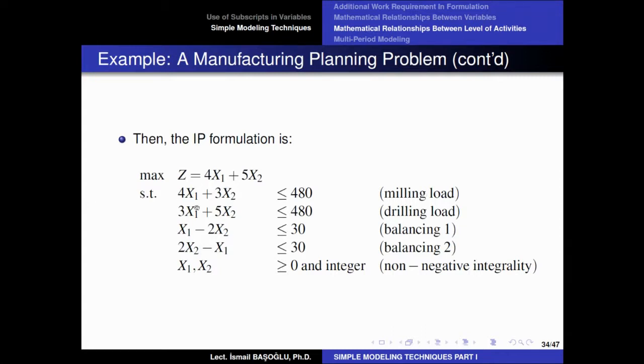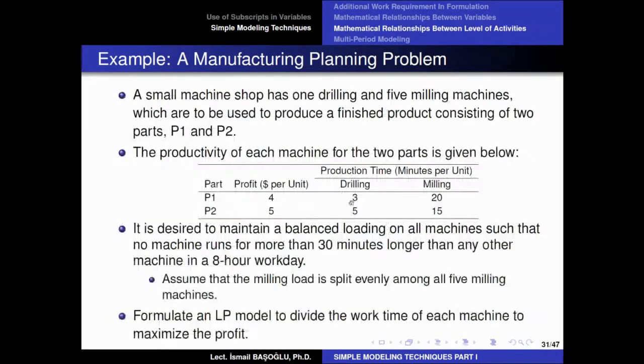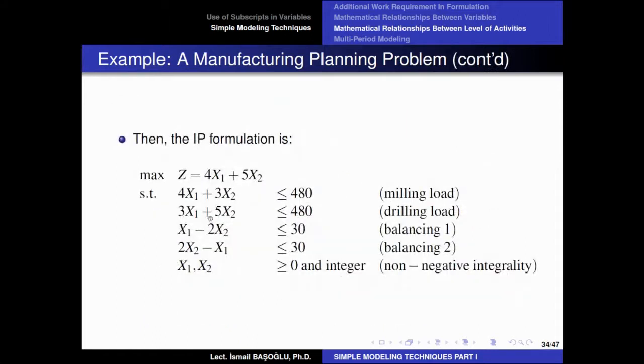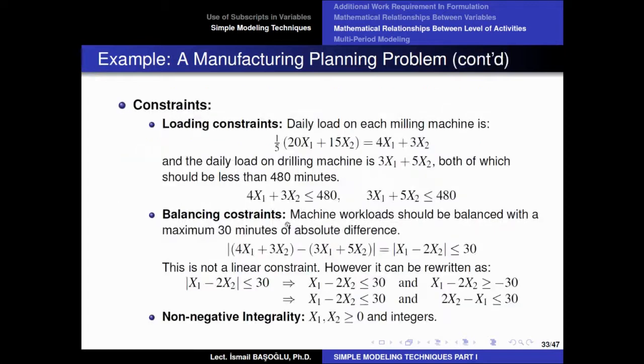The total load values are calculated by using the time that each machine is being used. For drilling, as you can see, the coefficients are directly 3 and 5, because each P1 requires 3 minutes of drilling time and each P2 requires 5 minutes of drilling time.